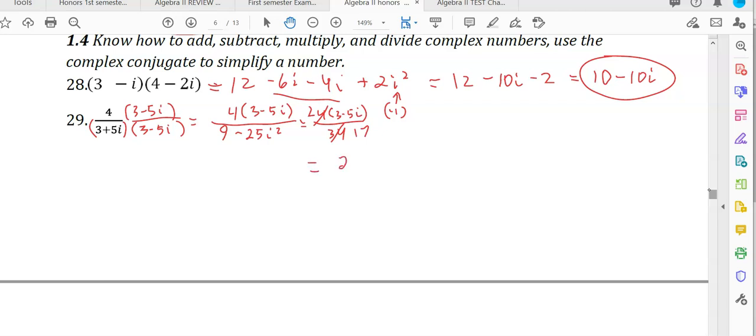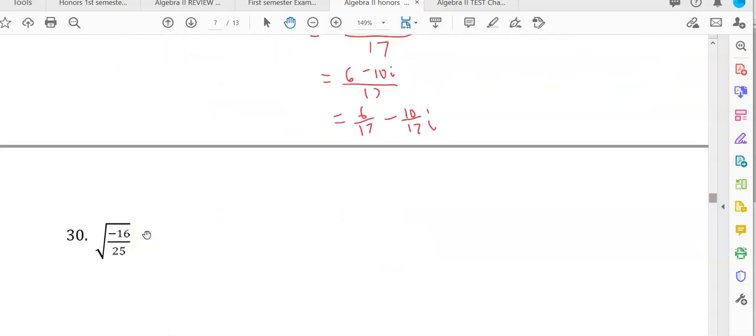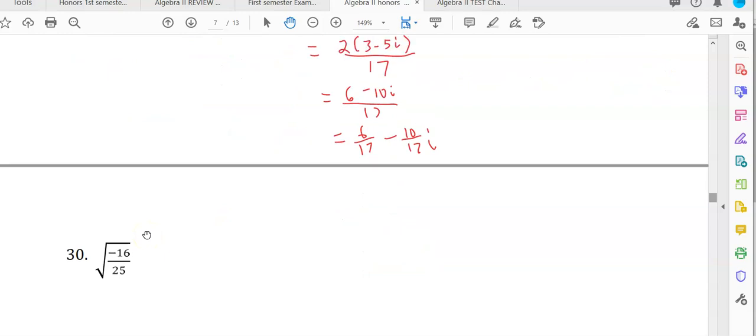So we get 2 times 3 minus 5i over 17, which is 6 minus 10i over 17, which if you want to write it as the best way here, would be 6/17 minus 10/17 i. That's probably the best form of the answer there, a plus bi, although I would probably accept the answer right there.